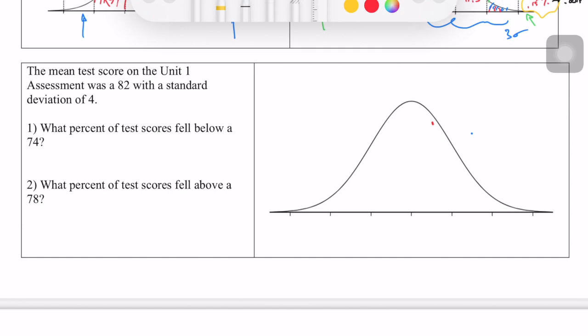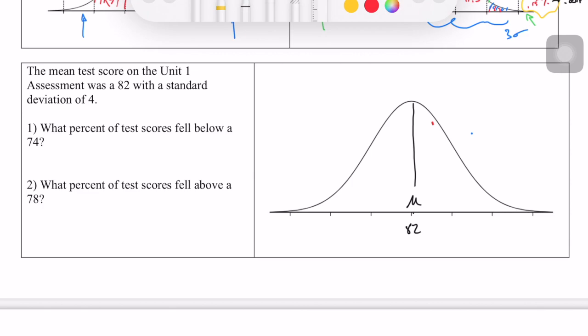The mean test score on Unit 1 assessment was 82. Stop and write. What percent of test scores fell below a 74? Okay, let's fill out the x-axis until I get to where I need to go.